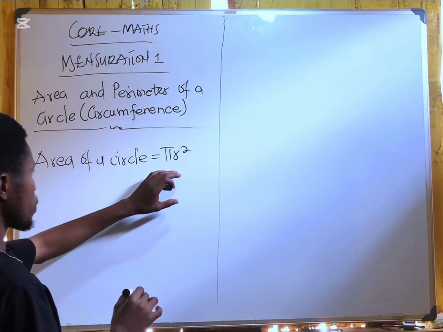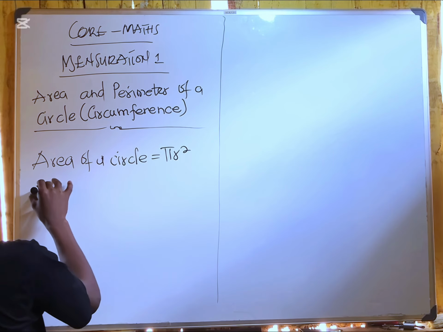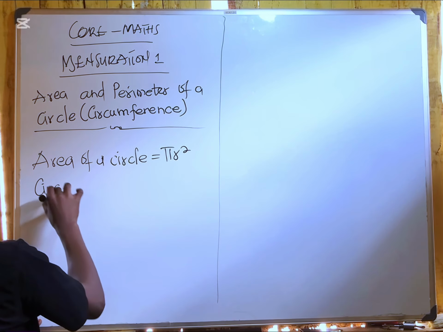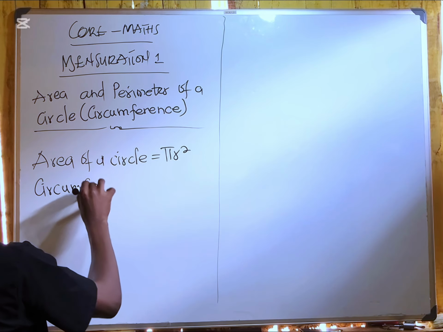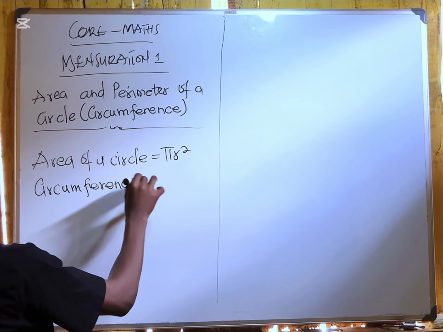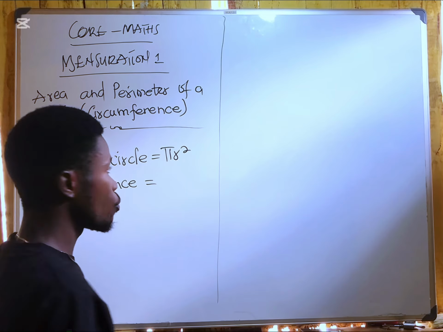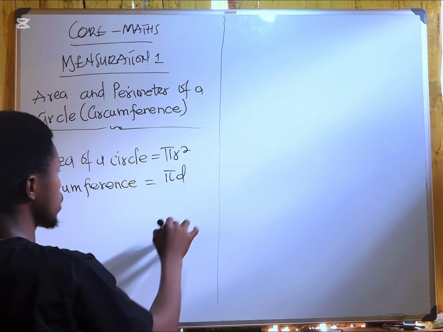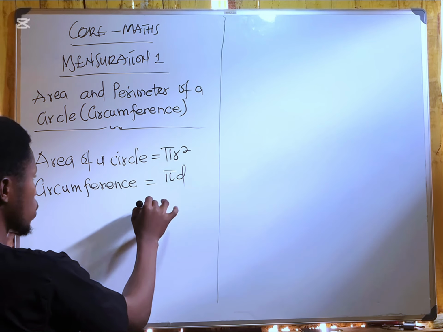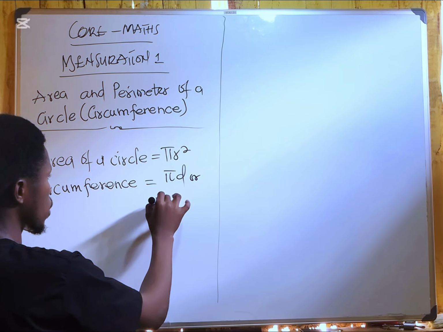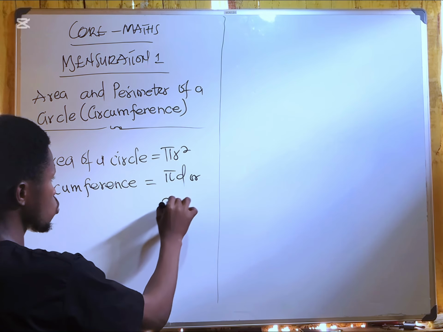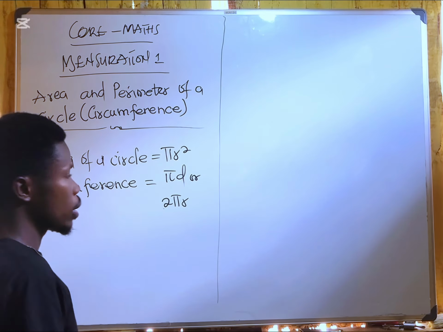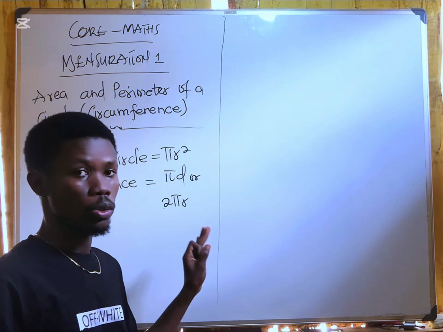Then you also know the circumference, which is given by pi d, or you also have it as 2 pi r. These are the two formulas for the circumference, okay?